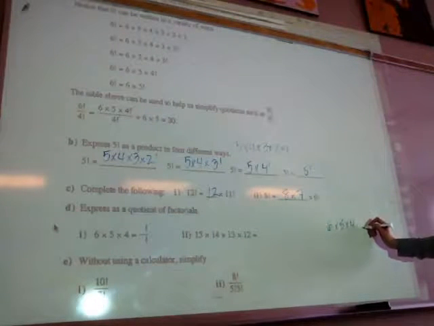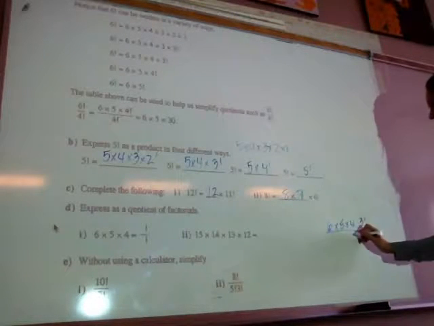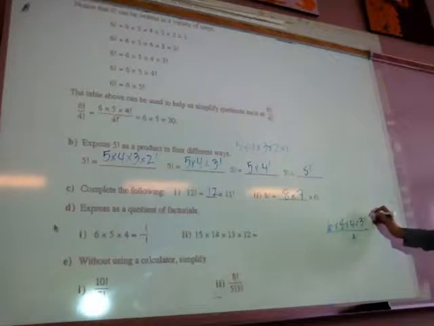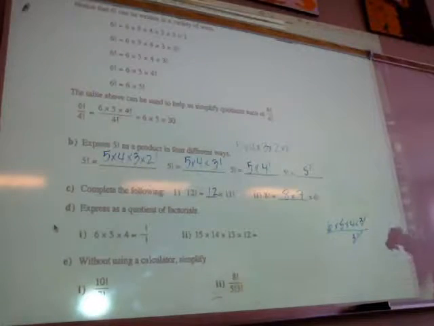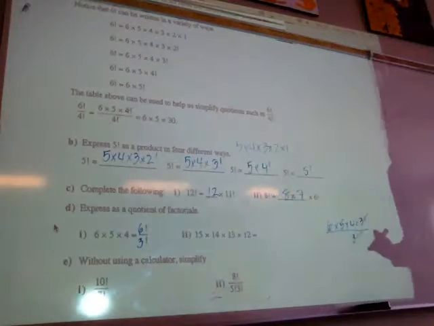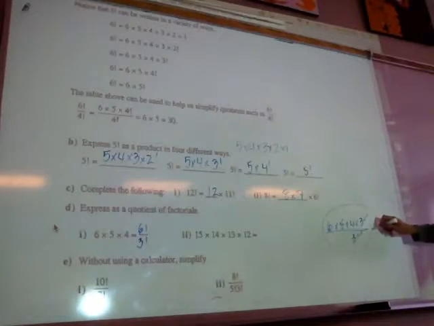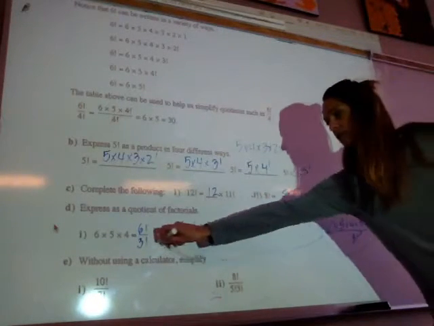What canceled out? 3 factorial. Okay, the 3 factorials canceled out, right? So we could write it as 6 factorial over 3 factorial. And the 3 factorials would cancel out. So you might just want to show this expansion for this question here.